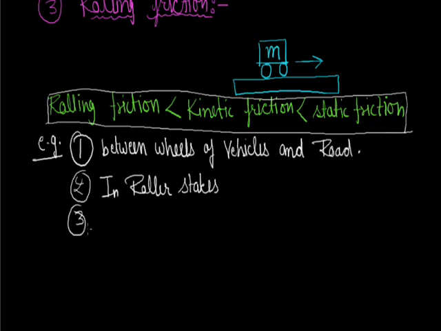Third, these days luggage such as suitcases are provided with tiny wheels. These wheels offer very small amount of rolling friction and are easy to move. So we can say it is luggage with wheels.